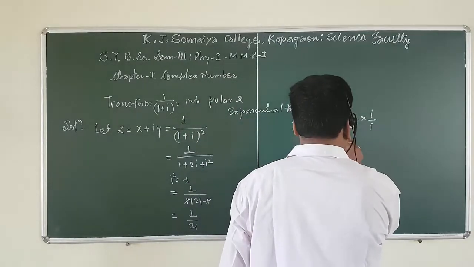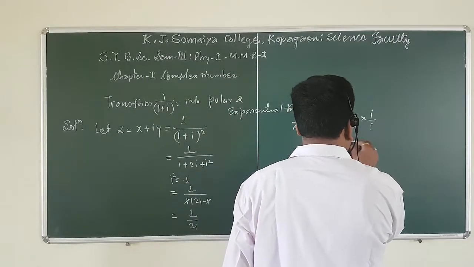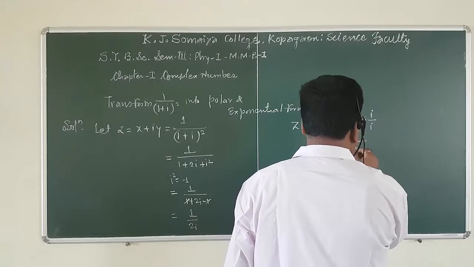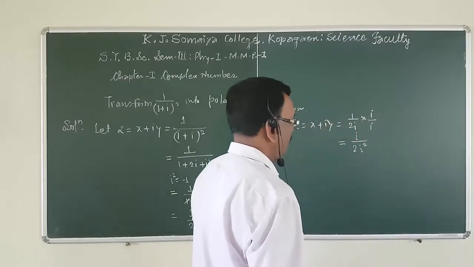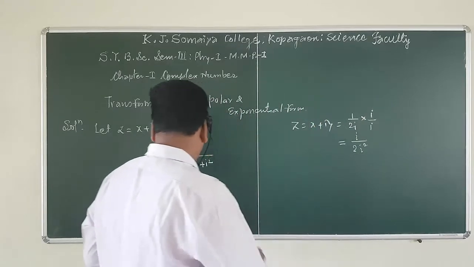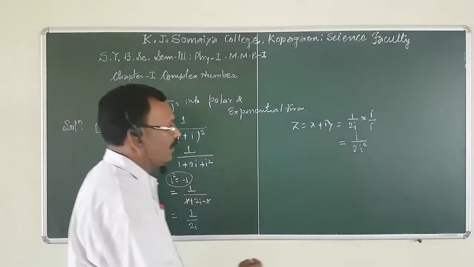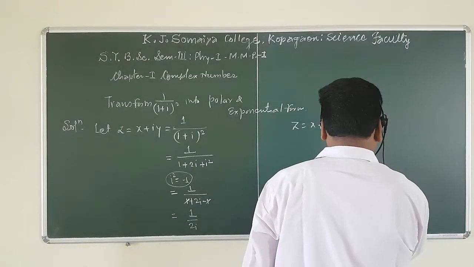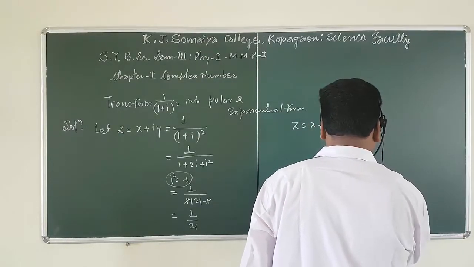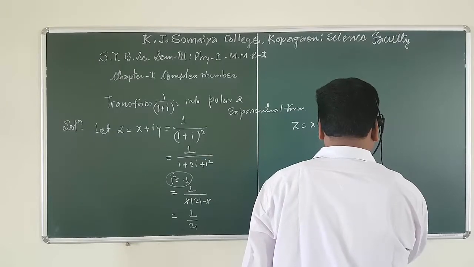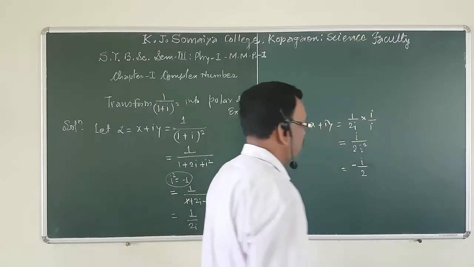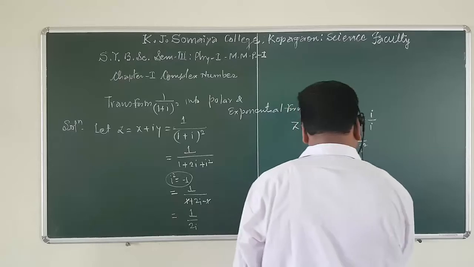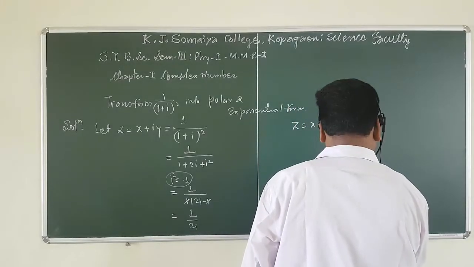So, here we have i upon 2 into i square. Again, the value of i square is equal to minus 1. Therefore, we have minus i upon 2 or simply minus 1 half i.